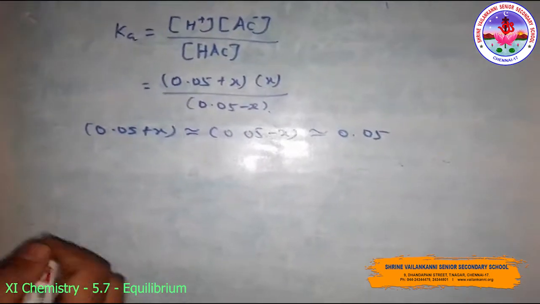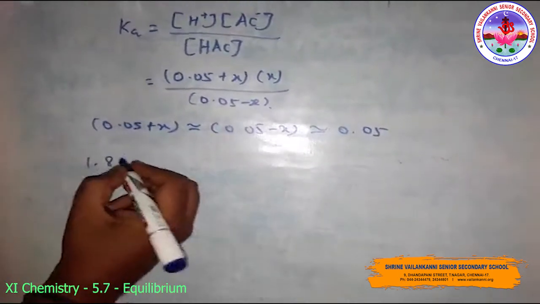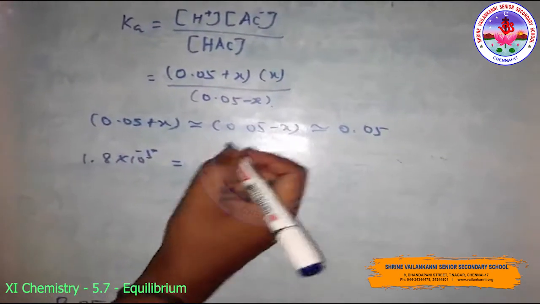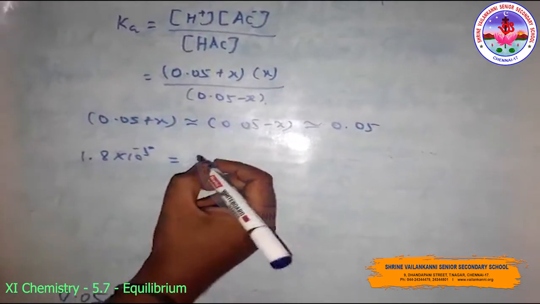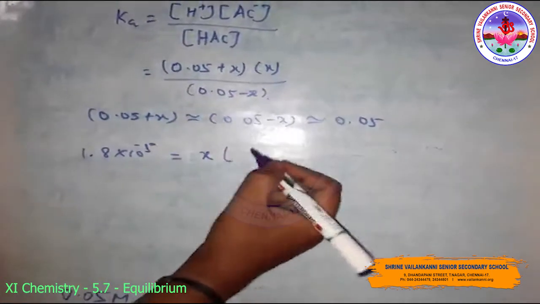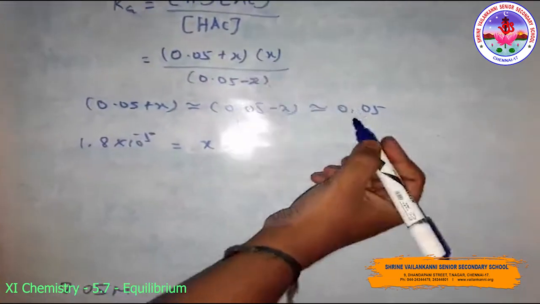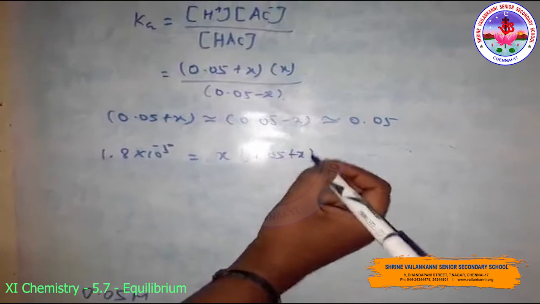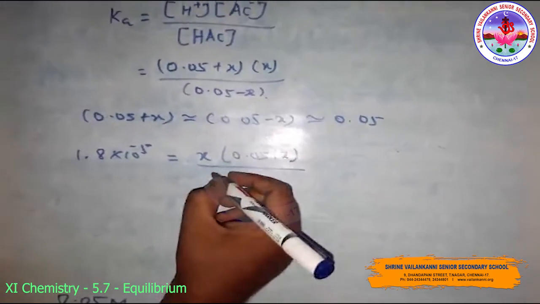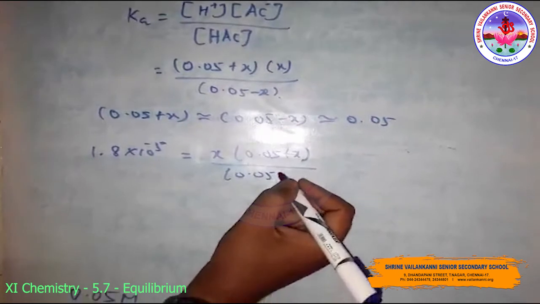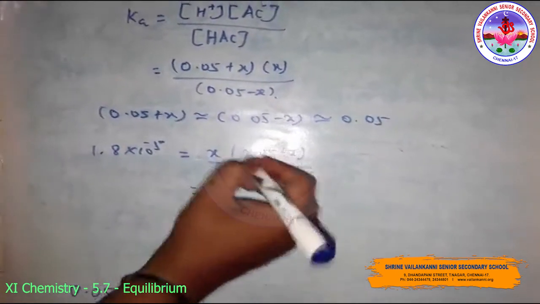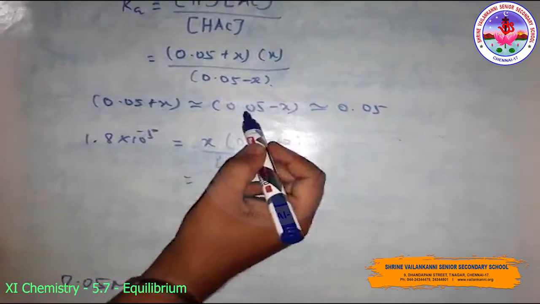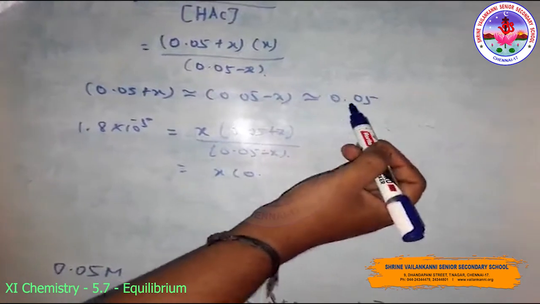So the Ka for acetic acid, that is 1.8 into 10 power minus 5, is equal to x times (0.05 plus x) divided by (0.05 minus x). The whole term is x into 1, because 0.05 plus x and 0.05 minus x are both approximately 0.05.